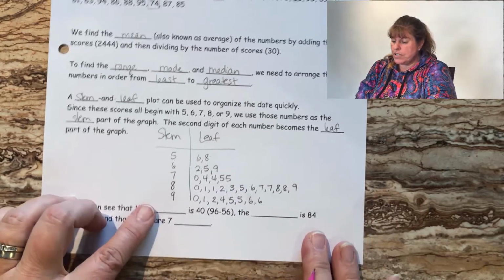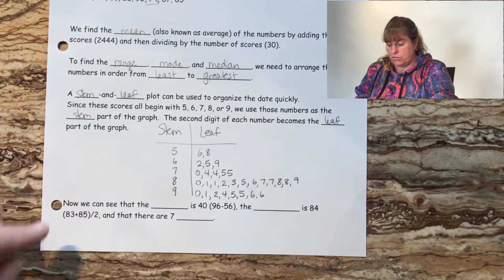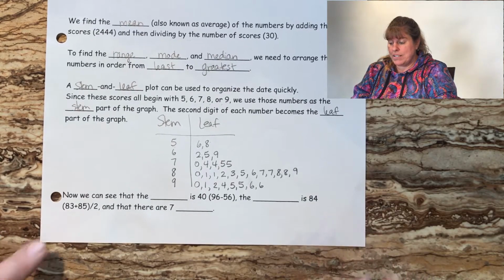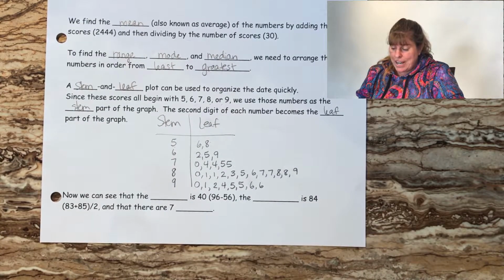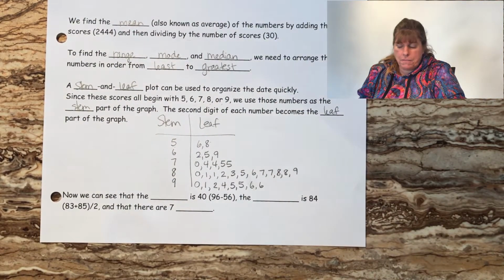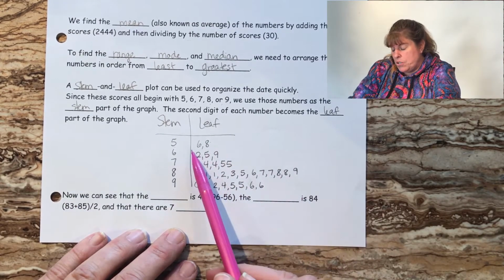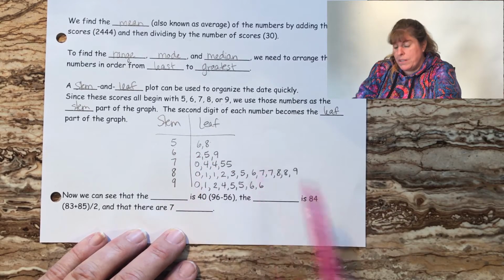When you look at this, you could write a whole list of the numbers in numerical order, and that's technically what you would need to do if you were figuring out the median and the modes. I guess you could figure it out with this chart as long as you put them in numerical order.